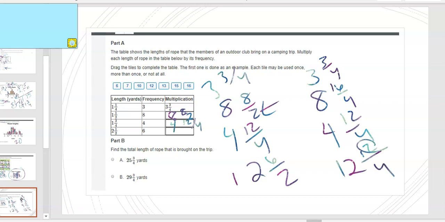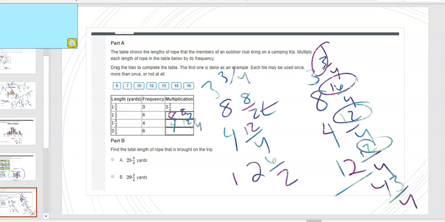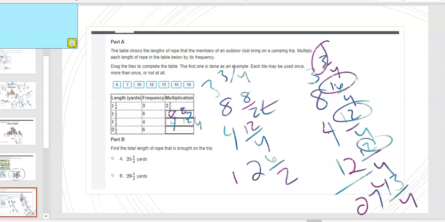And then just add these: 12, 24, 36, 37, 39, 40, 41, 42, 43/4. 4 goes into 43 ten times, right, with 3/4. So I messed that one up. Okay, I'll have to look at that one again and just ignore it for now.